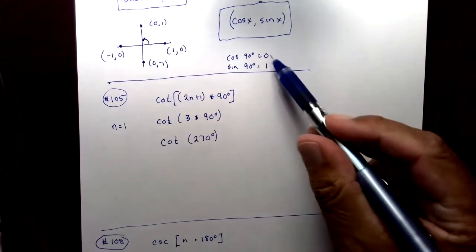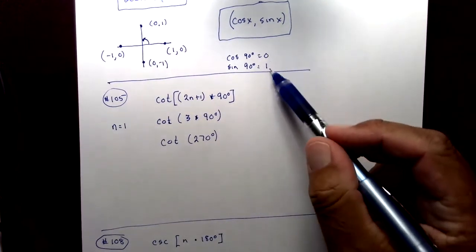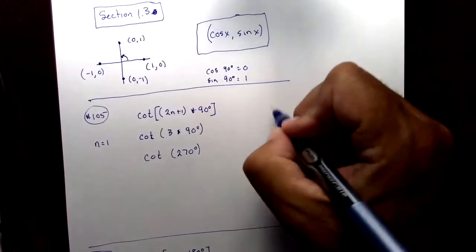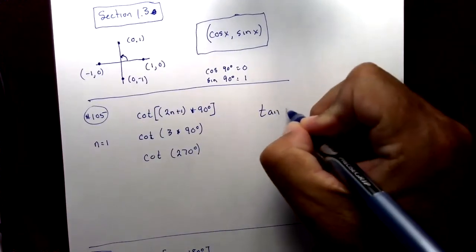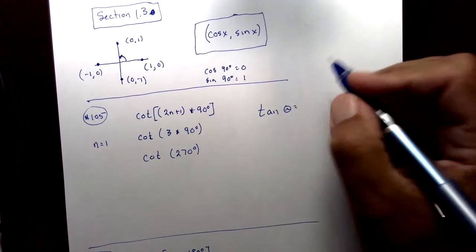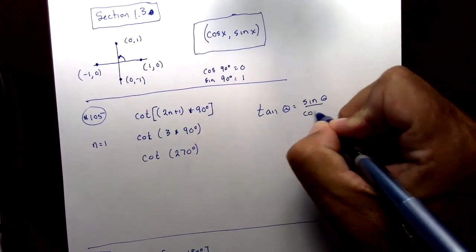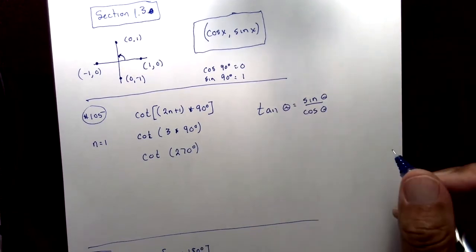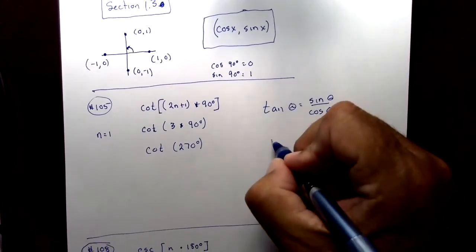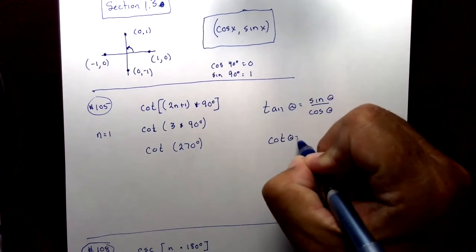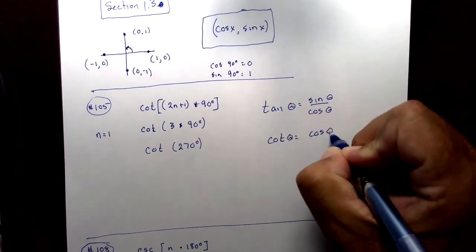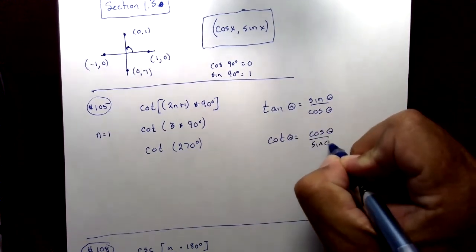Now, when I looked at these ordered pairs, I have the cosine and sine, but not the cotangent. So one of the things I want to remember is that the sine of theta over the cosine of theta is equal to the tangent, and the cotangent is the reciprocal of that, which is the cosine of theta over the sine of theta.